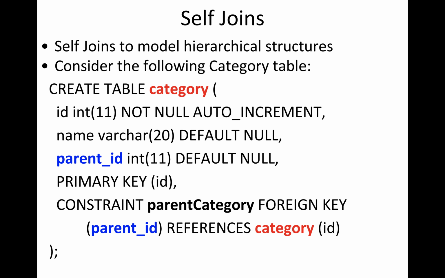But oftentimes you find yourself needing to join tables within themselves, especially if those tables declare a hierarchical structure, where it's not representing individual instances, but instances that are related to other instances in the same table.